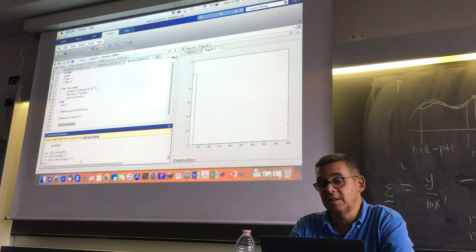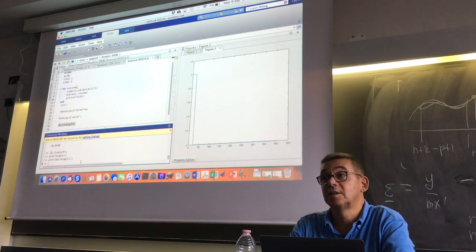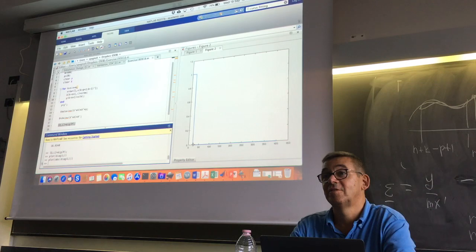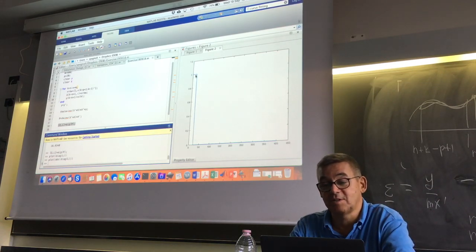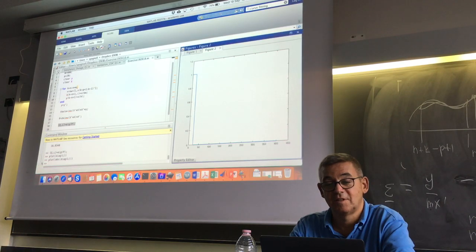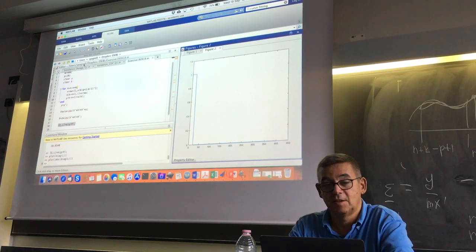These are the eigenvalues. So the eigenvalues are 1 or 0. This number is 1, and all the other values are 0.